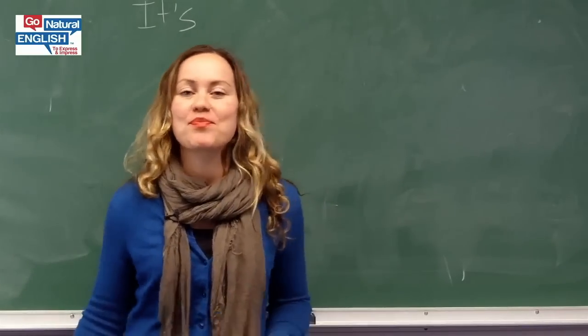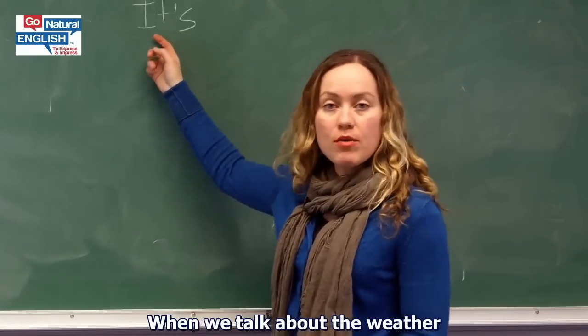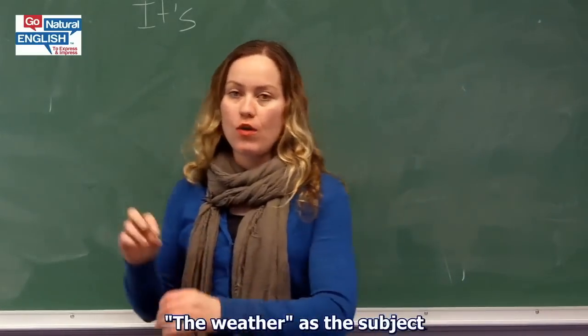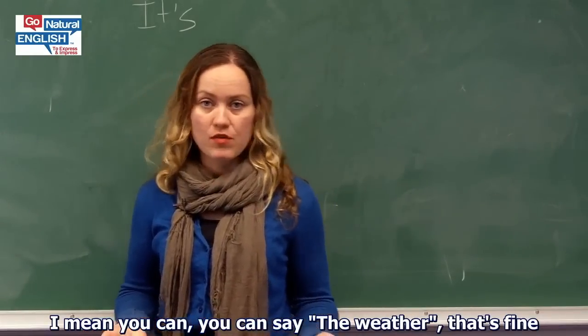Let's get started. The most important word that you need is it's. When we talk about the weather, we don't usually say the weather as the subject. I mean, you can say the weather, that's fine.